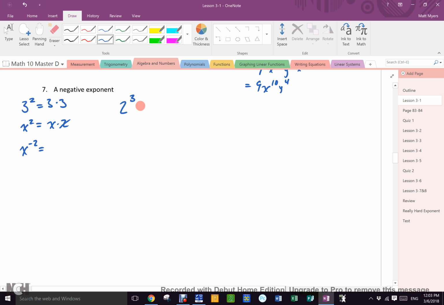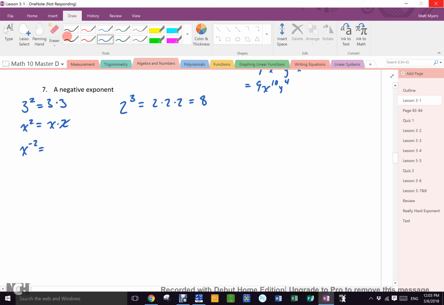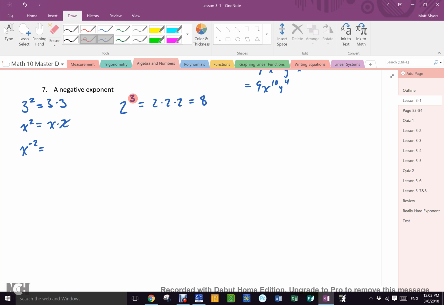2 cubed is what? 2 times 2 times 2. And what is it for an answer? 8. Okay. What is the next logical descending exponent? Because right now we've got a positive exponent.